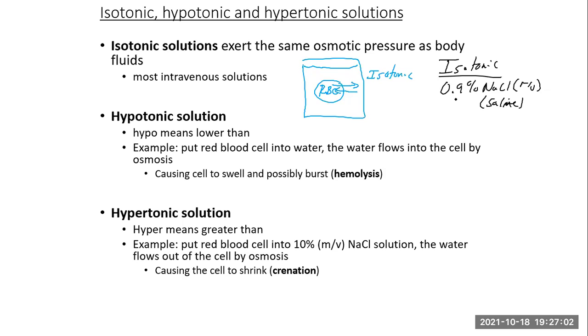It could be potassium chloride, some type of ionic compound, but 0.9% is the key there. And also 5% glucose is considered isotonic. So if you have a 5% glucose solution or a 0.9% sodium chloride solution, those are considered isotonic solutions. That means if you had something like a red blood cell acting as a membrane, you would expect equal flow in and out of the cell, which is actually a good thing. Obviously, if they're giving you an IV bag, you're in some type of trouble probably.